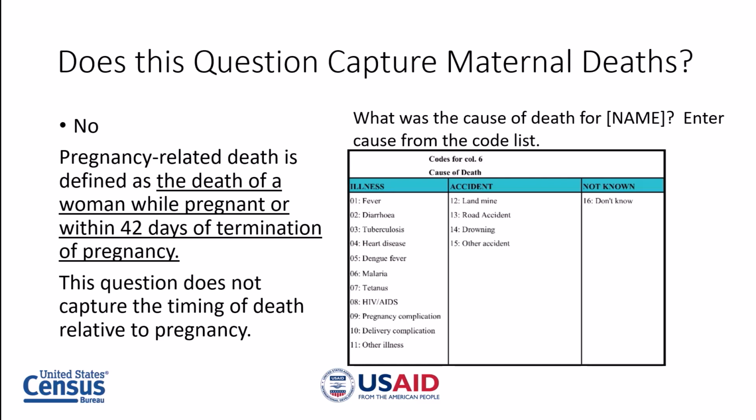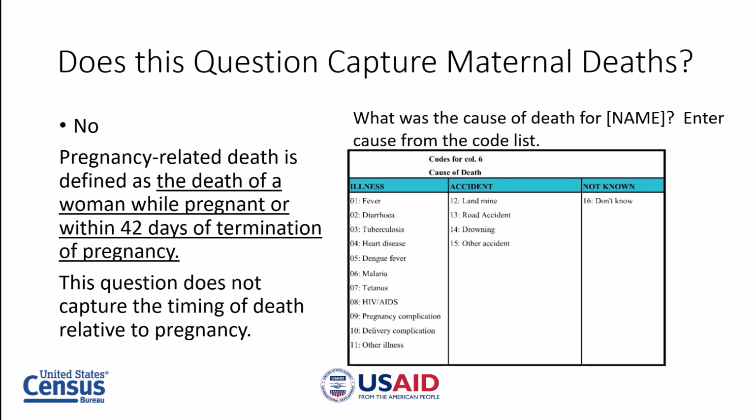But as we discussed earlier, pregnancy-related death is defined as the death of a woman while pregnant or within 42 days of termination of pregnancy. Although the response categories under illness include pregnancy complication and delivery complication, the question doesn't ask about the timing of death relative to pregnancy.